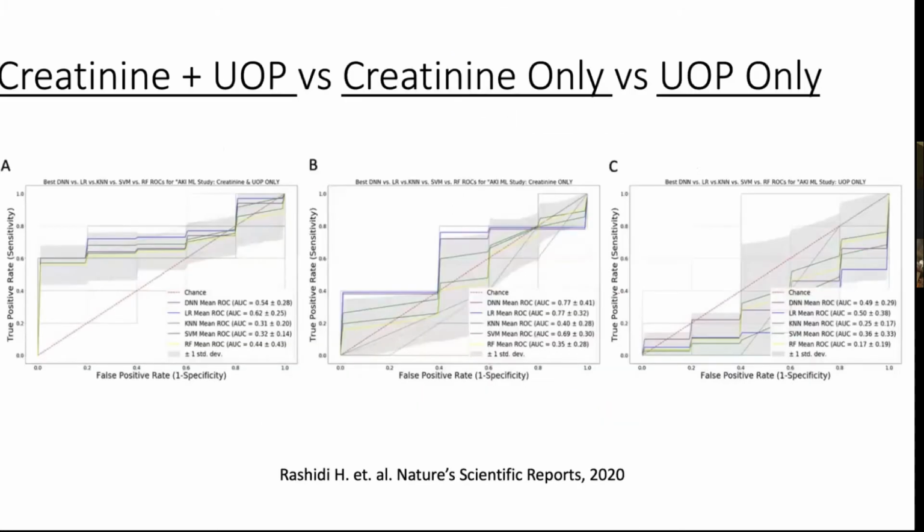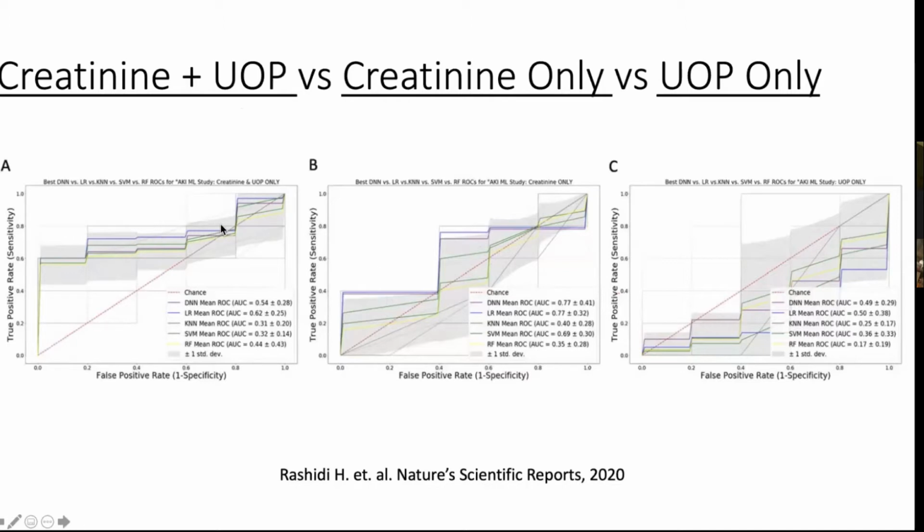Ultimately, this is what we're finding. Here are the ROC curves for the different algorithms that are used: neural network, logistic regression, KNN, whatnot. And if you notice, it's not doing so well when you're looking at creatinine and urine output. Obviously creatinine alone and urine output alone don't do well at all in terms of the ROC AUC.